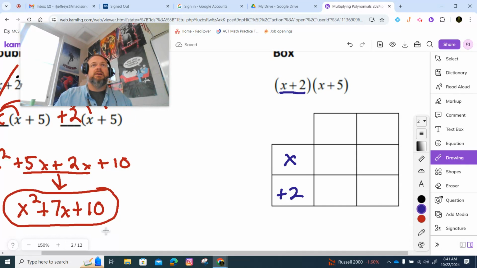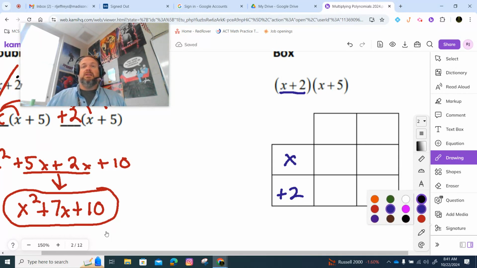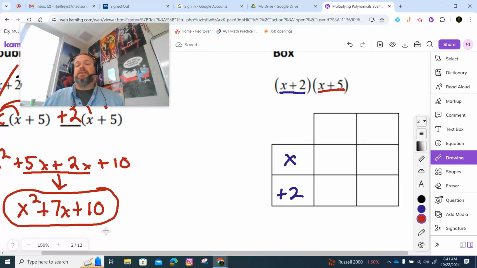Got scared of the boxes? Well, flip it over. Oh, again, flip it over. All right, so, and then you can put this up here, x and then plus 5.